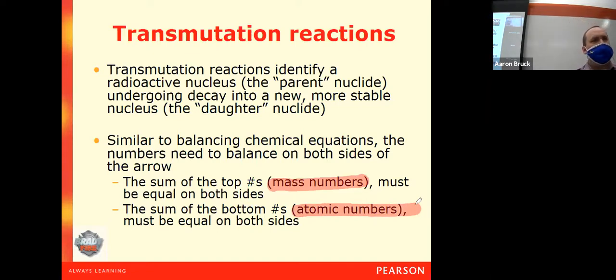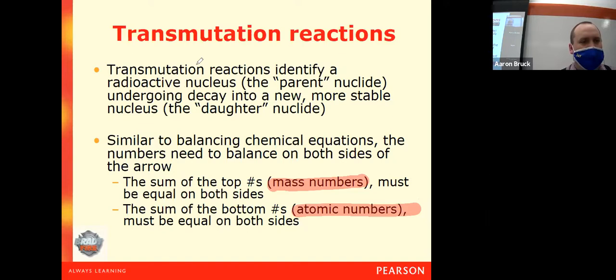So I'm still going to split the reaction in half and look at the reactants versus the products. But instead of looking at the number of atoms on each side, I'm going to look at the atomic number and the mass number. So the sum of all of the mass numbers have to equal out on both sides. The sum of the atomic numbers have to equal out on both sides.